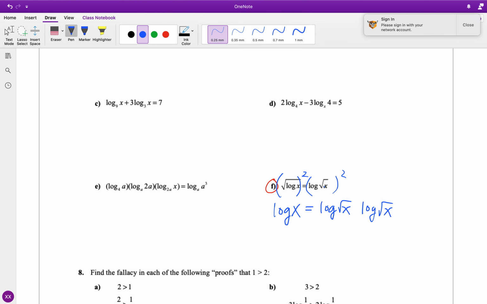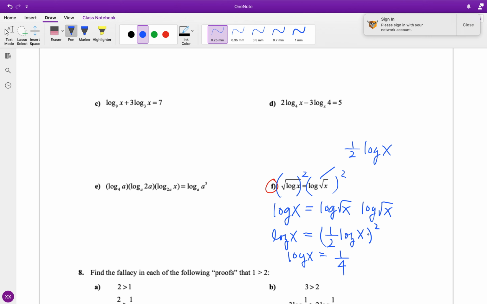Now note, what is this? This is 1 over 2 log x, right? So I thought, oh, that's so easy. So here we got a log on this side, log on this side. Now we got 1 over 2 log x to the power of 2. I thought, oh, this is so nice. So log x equals 1 over 4.